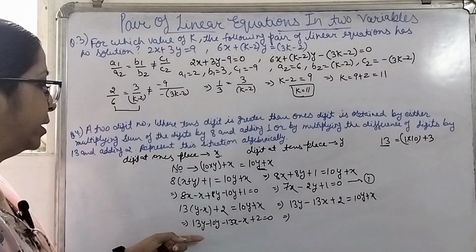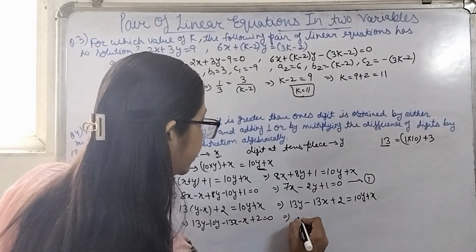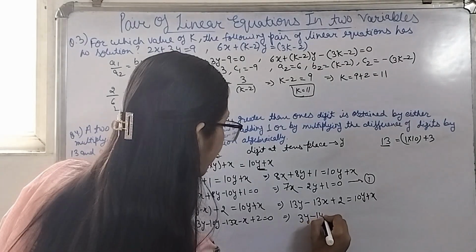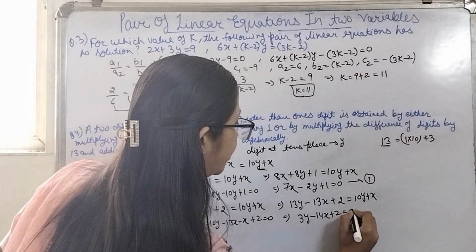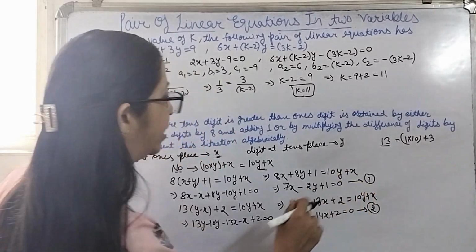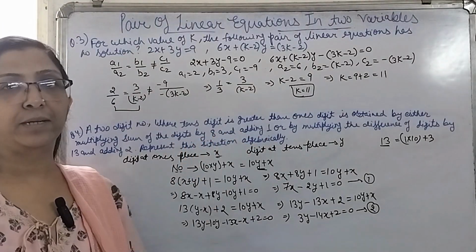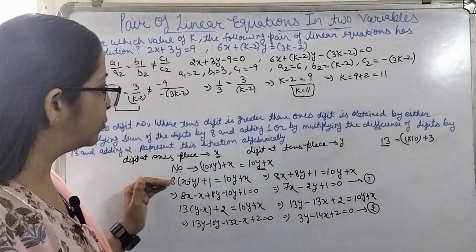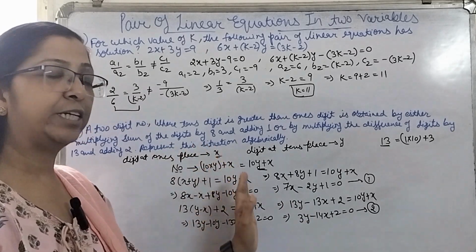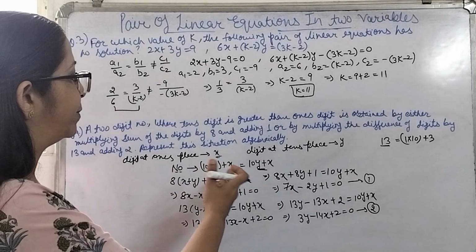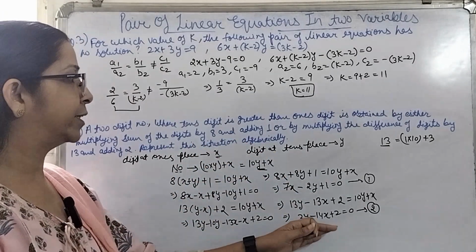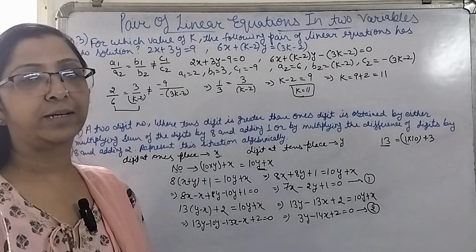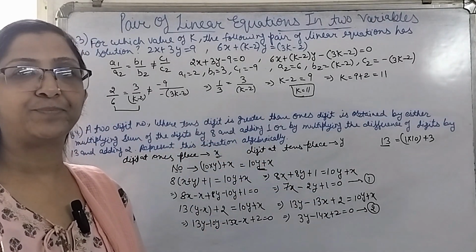Or we can say 13y minus 10y will be 3y, minus 13x minus x will be minus 14x, plus 2 equivalent to 0. This is how we can represent it algebraically. So accordingly, whatever is given to us in the question, we will move in that way only. The same conditions will be fulfilled and we will solve it further. We will get the equations, the situation we have represented algebraically. This is how it will be done.